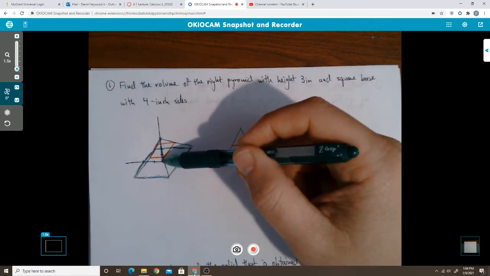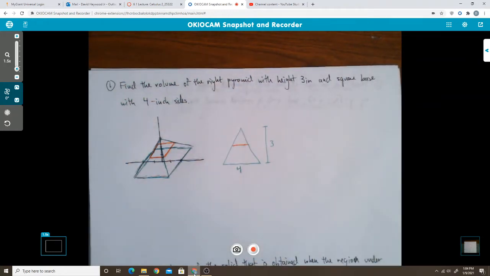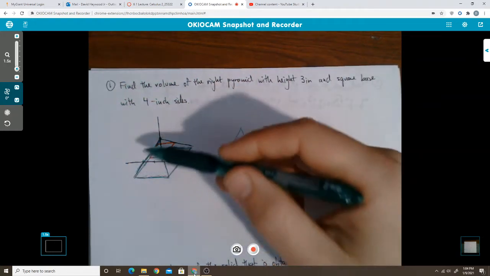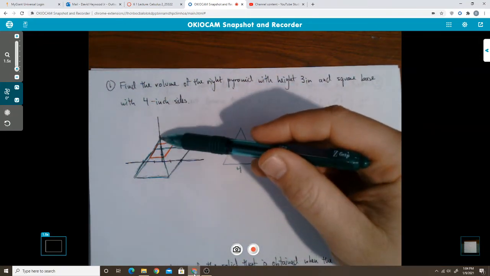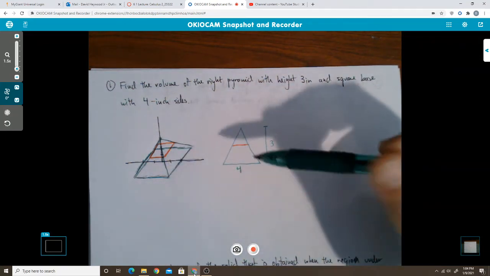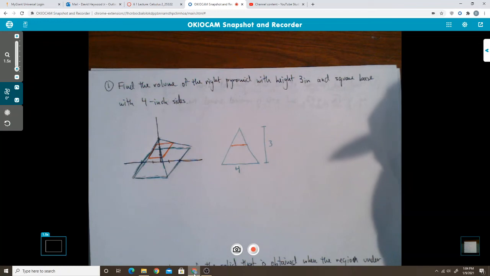So the bottom is at y = 0, and the top is at y = 3. So I'm going to be integrating with respect to y, and so that means I'm going to want to figure out what this length is in terms of y.